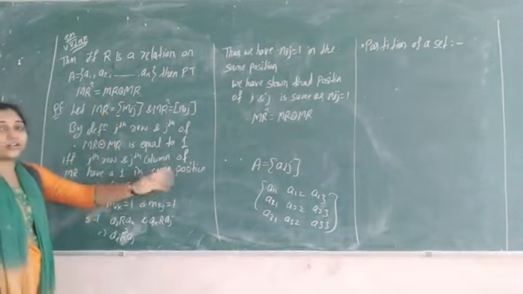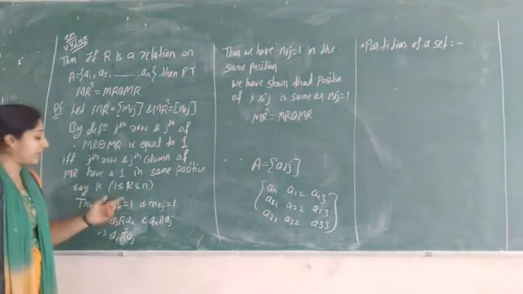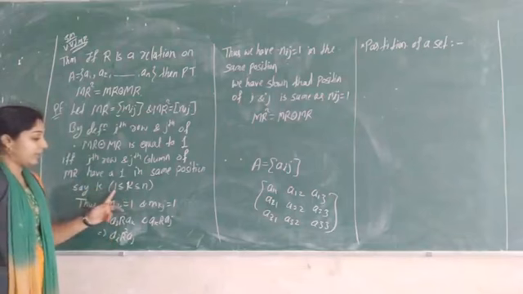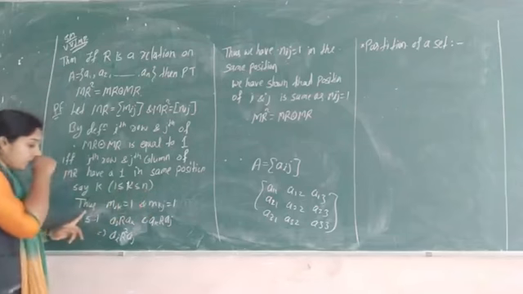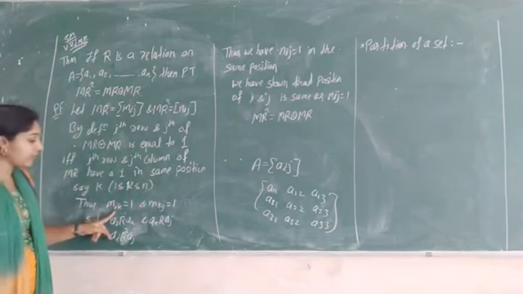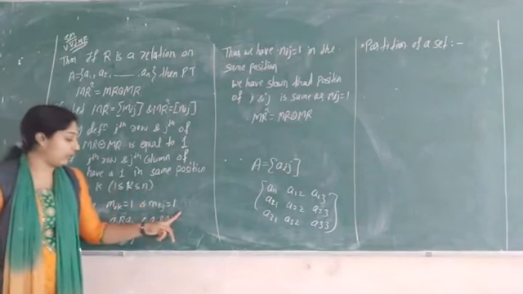Let us denote that position by K, where K lies between 1 and n, meaning K is greater than or equal to 1 and less than or equal to n. Therefore we get MIK is equal to 1 and MKJ is equal to 1.